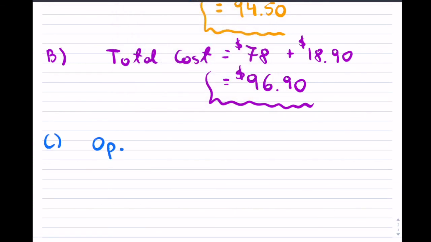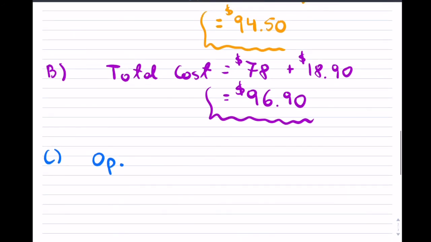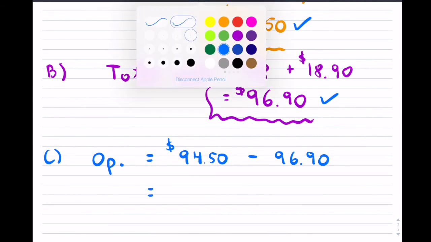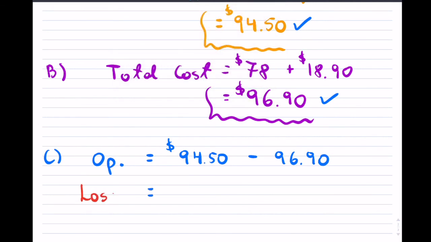So operating, now I can kind of cheat a little bit because I already know my sale price and my total costs. So this is actually going to be a loss. 94.50, that's my sale price, minus 96.90, and unfortunately I'm going to be at a loss here.